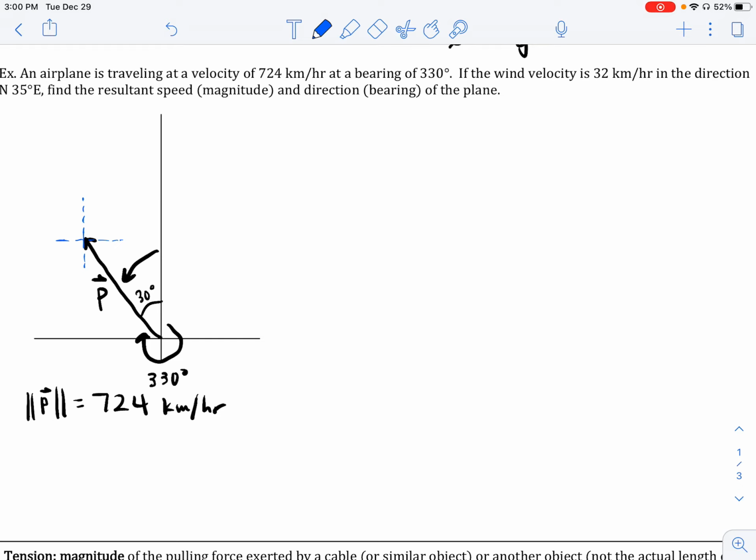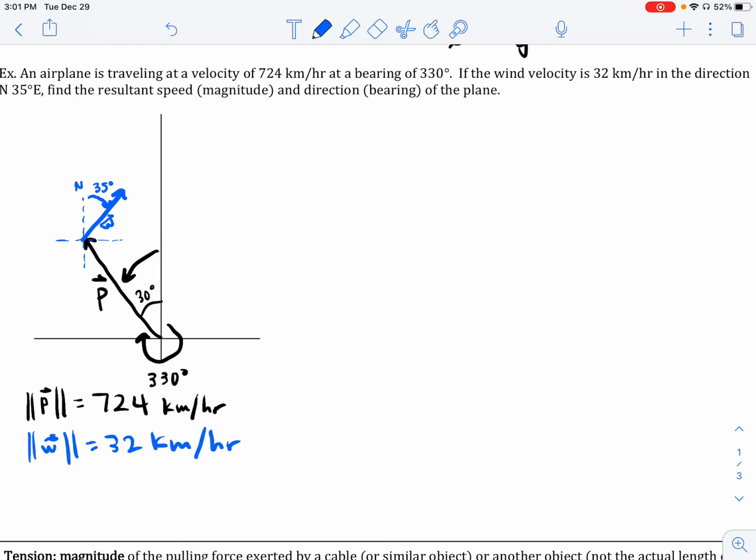It's going to be blowing 35 degrees due east, meaning from the north, it opens 35 degrees towards the east direction. And so this here would be my wind vector. I'm going to label that as my wind vector, and the magnitude of my wind vector is 32 kilometers per hour.